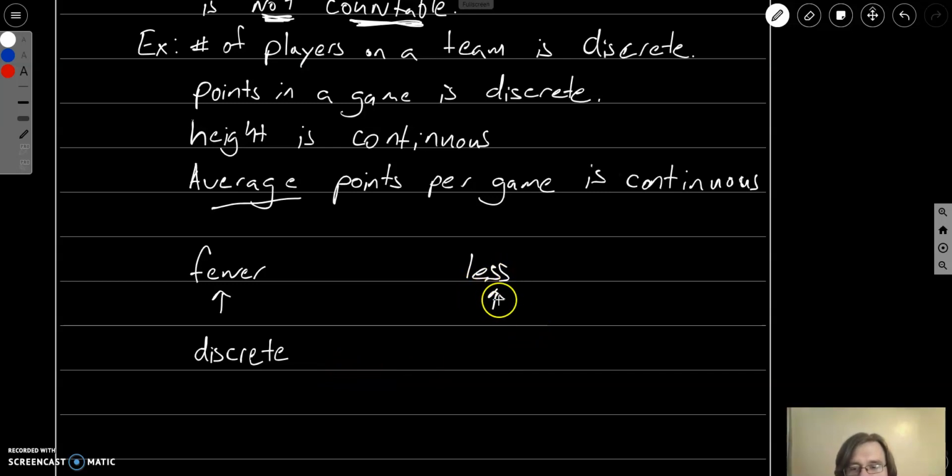And less is going to be used for continuous. Any time that you're describing, say, height or something like this, you'd use the word less. Fewer corresponds to individual things, and individual things are going to be discrete because we can count them. When we're on a continuum, we'll use less. And I'll stop there.